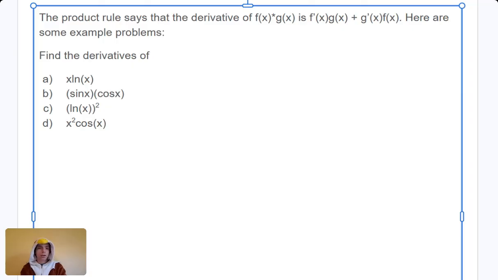And now let's use the product rule to find the derivatives of these different expressions. So we have x times ln of x. That's going to be f of x equals x, g of x equals ln x.